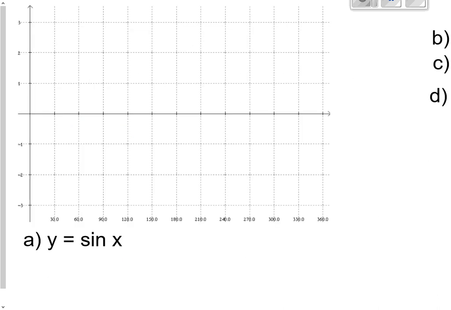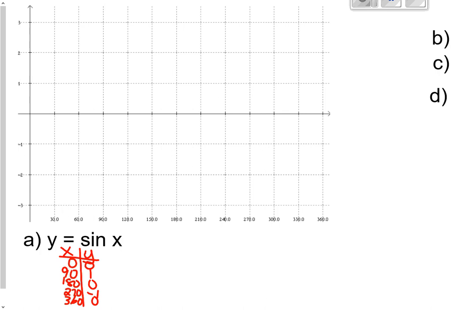Here's my grid. And the first thing I want to graph is just y equals sine x. So remember, this had our base graph at 0, 0, 90 and 1, 180 and 0, 270 and -1, and 360 and 0. So we'll do this graph in red.